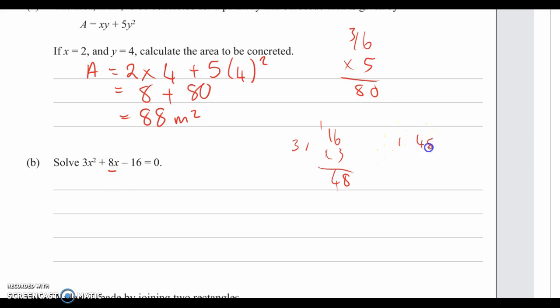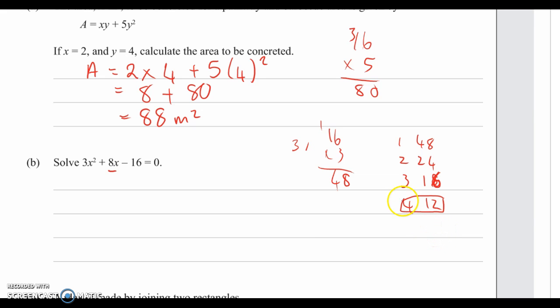So 1 and 48, 2 and 24, 3 and 16, sorry, that's a 6, 4 and 12, I'm thinking that might be very useful. Actually, let's think that's probably it. 4 and 12 are going to give me 8.